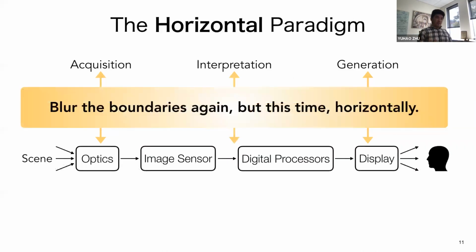So what I'm advocating for is this horizontal pipeline, where we take a step back and look at the actual end-to-end application, where lights in, lights out. How do you optimize the whole system? And I would argue that the spirit is very similar to the vertical approach, where we blur the boundaries across layers vertically. It's the same thing. We have to blur the boundaries, but this time horizontally across different domains.